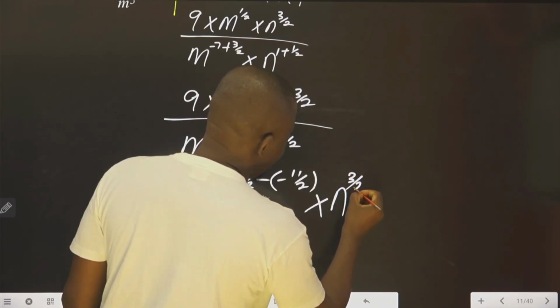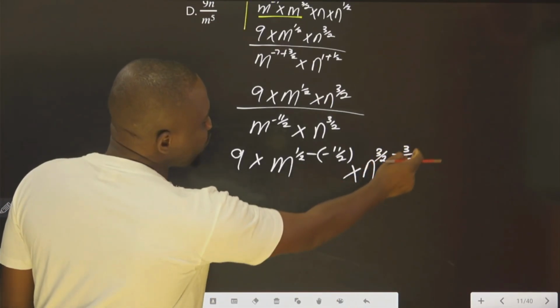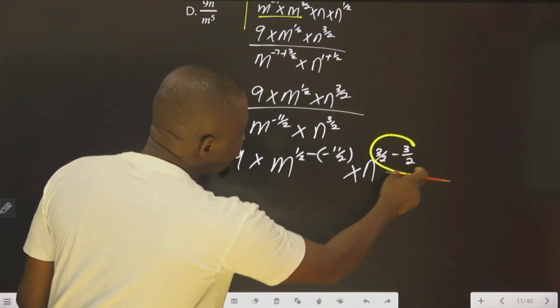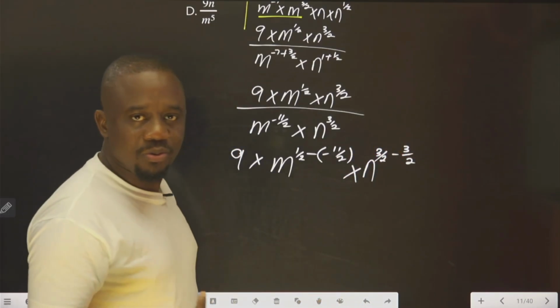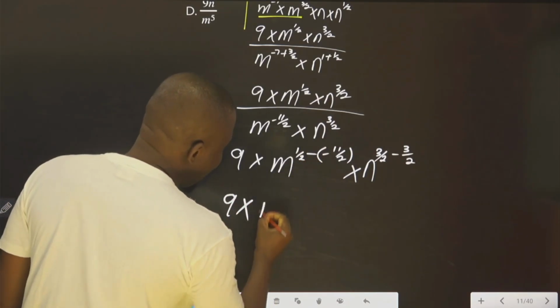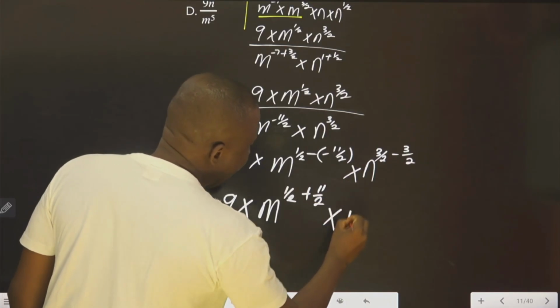Okay? Minus. Without wasting time, you agree that this will turn to what? 0. And anything raised to power 0 is 1. It means therefore here is 9 times m 1 over 2 plus 11 over 2 n raised to power 0.